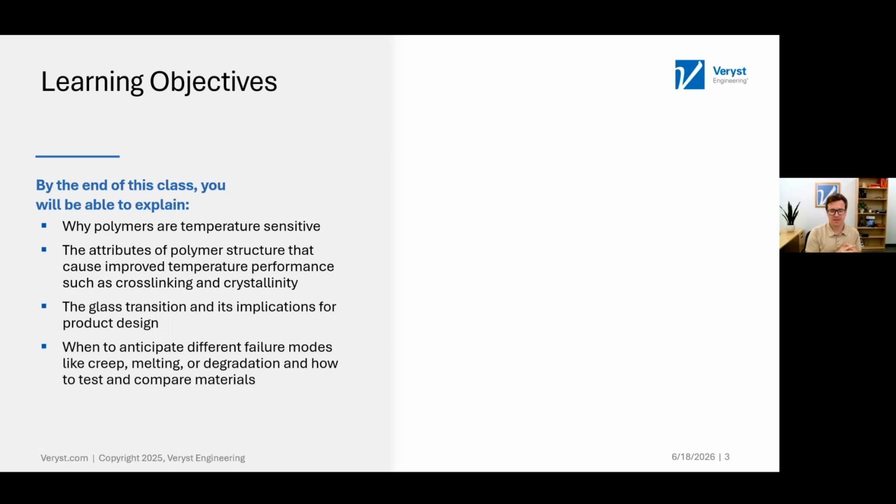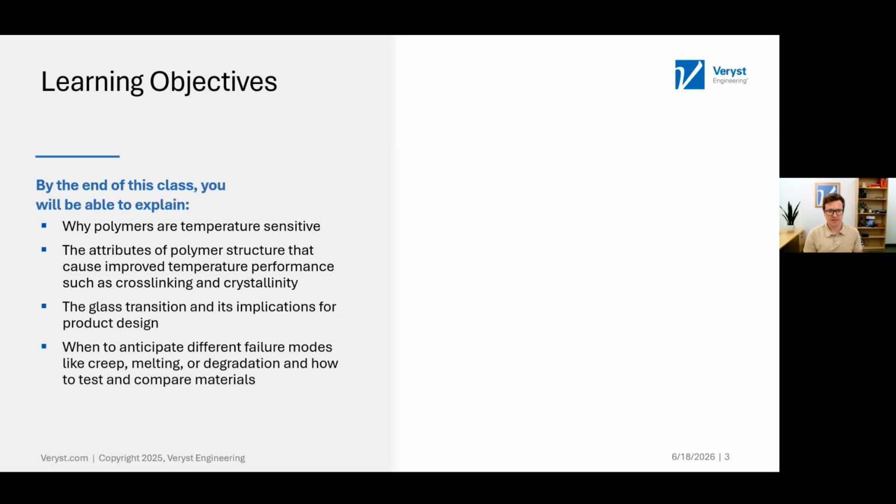We're going to focus specifically on the glass transition because this is the topic that comes up most often when I'm talking to clients. There are misunderstandings, misconceptions, or simply a lack of knowledge, frankly, about what the glass transition is, what it really means, and how the glass transition affects your actual product use, temperature windows or lifetime, things like that.